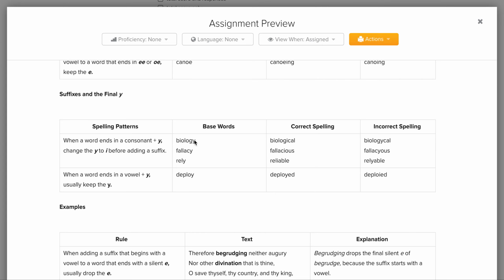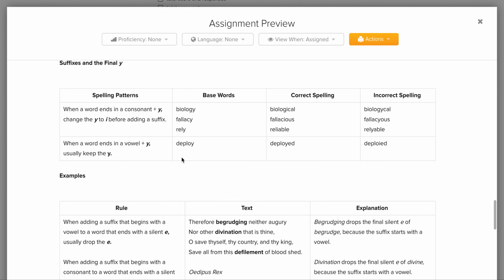If the letter before the Y is a consonant, then if you add a suffix to this base word, you're going to change that Y into an I, such as biological. You see how that Y became an I. Fallacy became fallacious with an I instead of a Y, because this is a consonant before that Y. Where you keep it a Y is if the letter before the Y is a vowel.